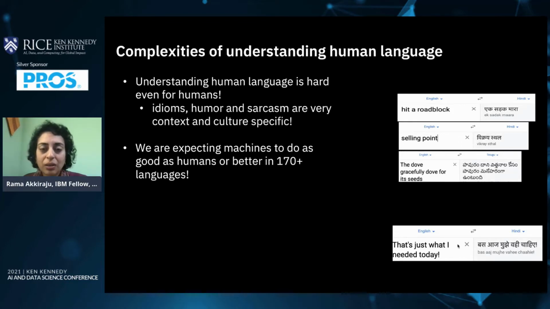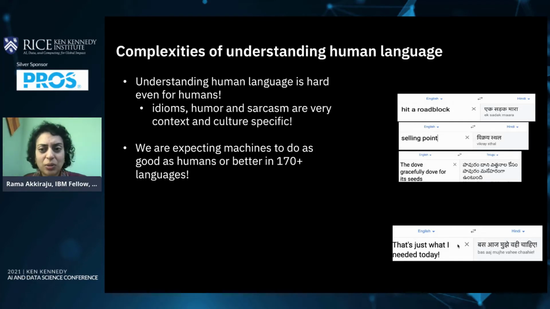If we take any language translation service out there, take any of your favorites, Google, Microsoft, IBM, whatever other companies, and throw in some idioms or sarcastic sentences into it and ask it to translate to another language, see what happens. Here I have tried it with the three languages that I speak and understand, English, Hindi, and Telugu.